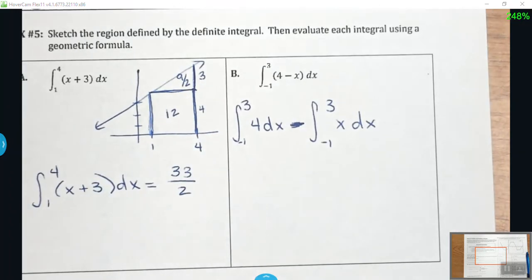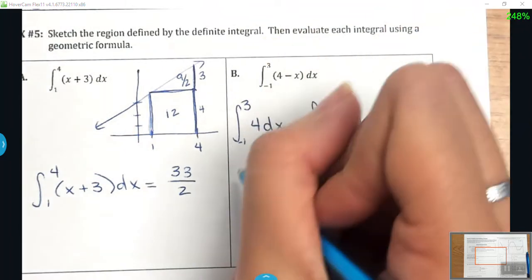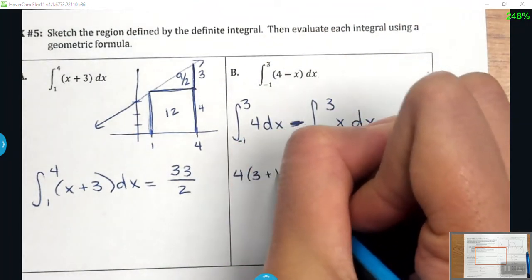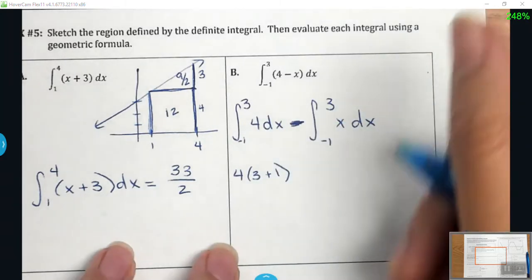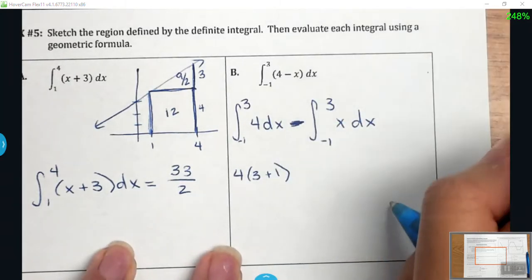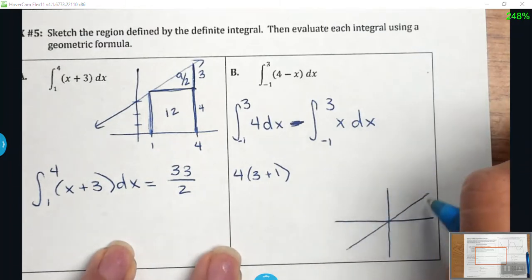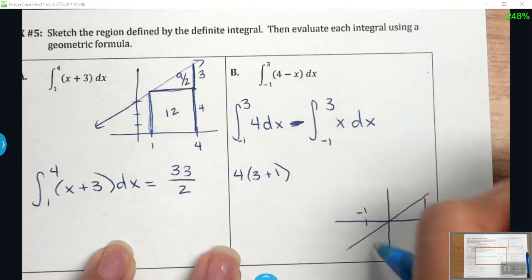Okay, I'm gonna split this integral up. This one is 4 times 3 plus 1. And then this one is y equals x. So 3, negative 1.